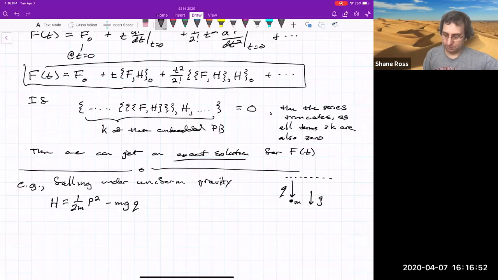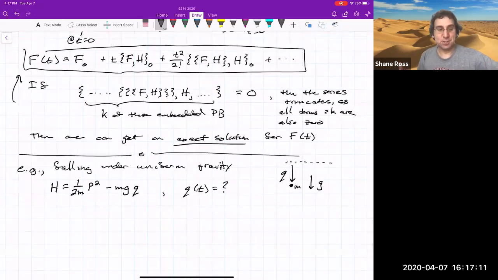So that's our Hamiltonian. And up here we said, what's the function f? Here, my function f is just q. I want to know what q is as a function of time. And I'm going to use this elaborate machinery of the Poisson bracket to do that.